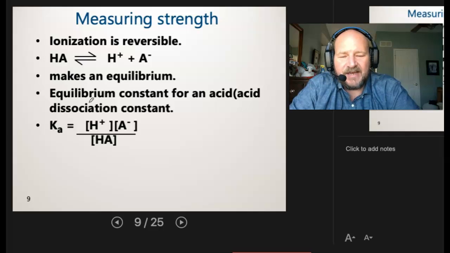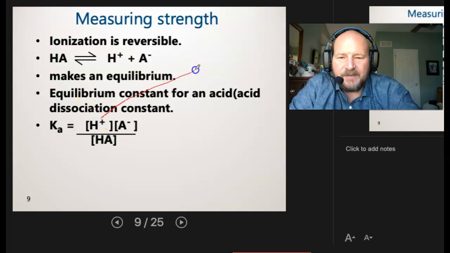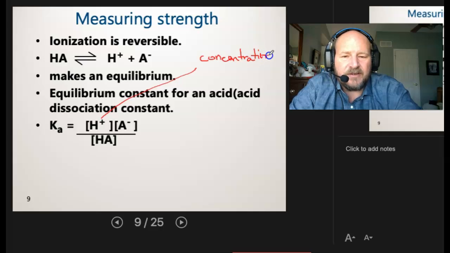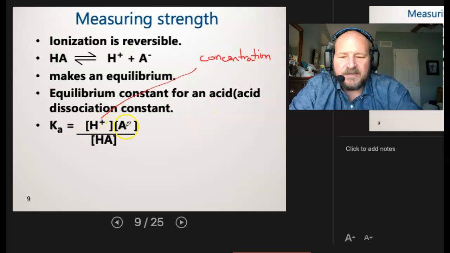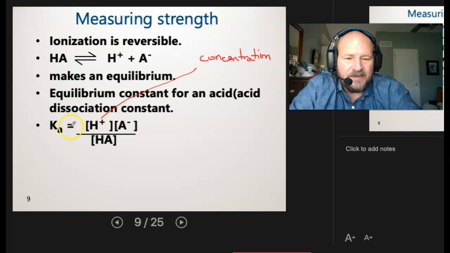Now the Ka is equal to this H+ in these weird brackets. These brackets mean concentration. So if we go back and look at molarity, that's where this comes into play. We would put the molarity into this calculation. So we would say the concentration of H+ times the concentration of A- divided by the concentration of HA.